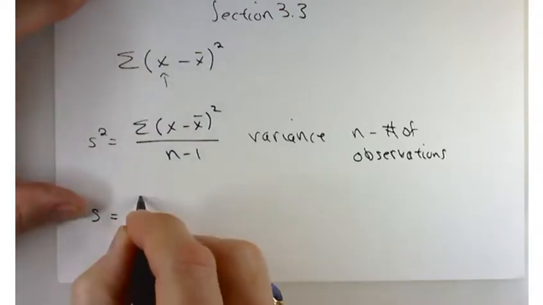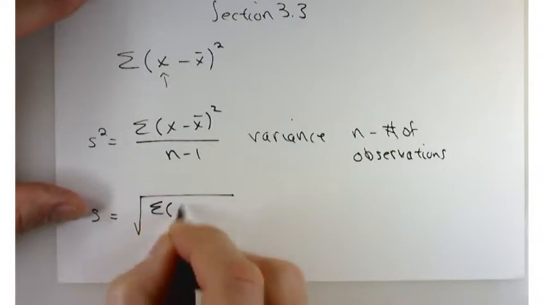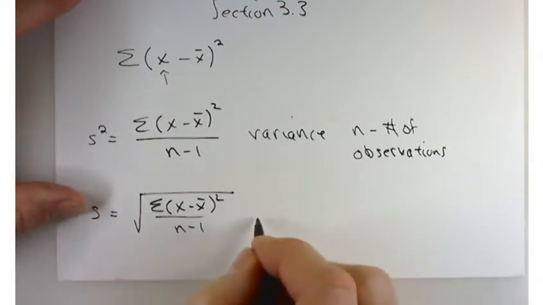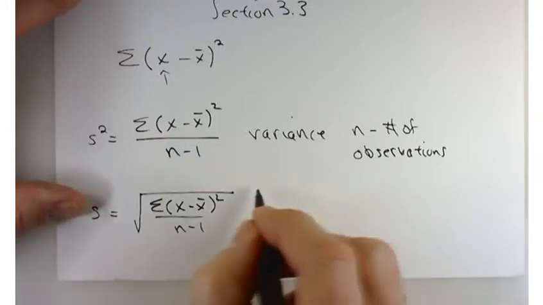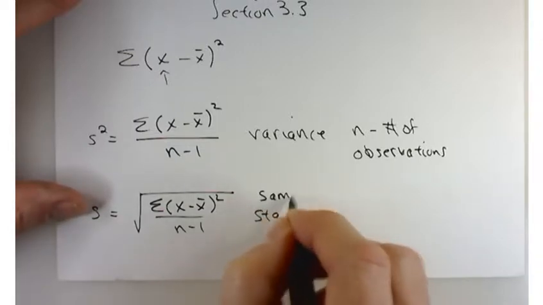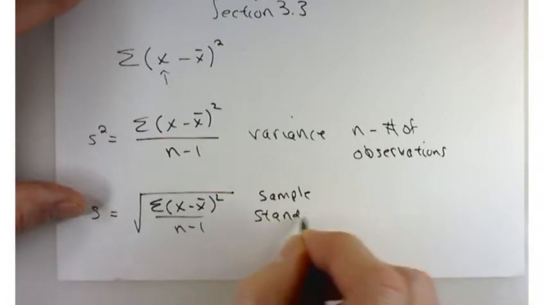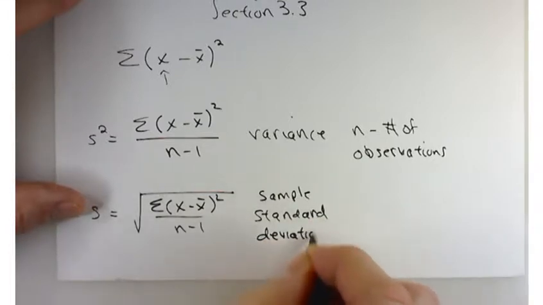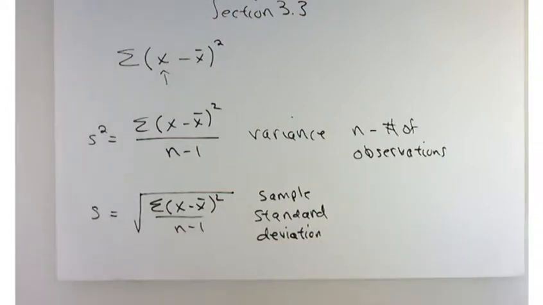Square root. So here's our final calculation. S is going to be the square root of the sum of x minus x bar squared over n minus 1. And this is the sample standard deviation. And we will use this a lot.